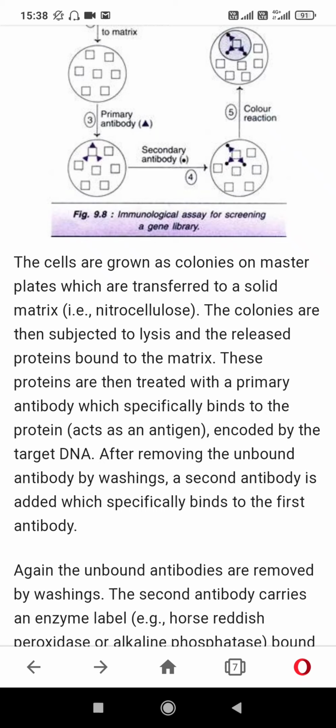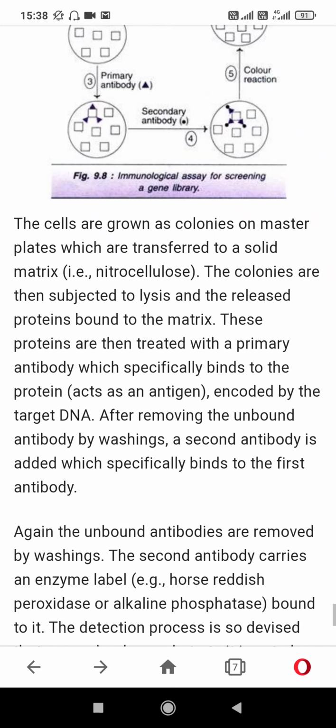The colonies are then subjected to lysis, and the proteins that are released are allowed to bind to that nitrocellulose matrix. These proteins are then treated with primary antibody. Here the proteins are acting as antigens, and we have prepared an antibody specifically for that particular protein so that it can bind with it.